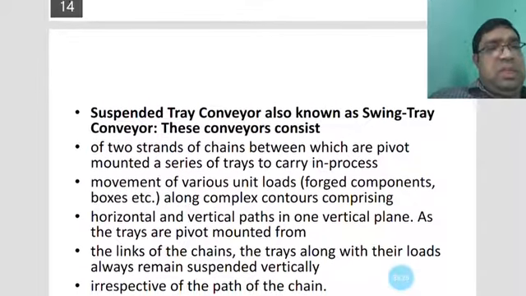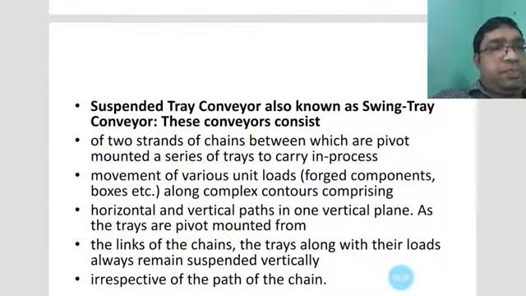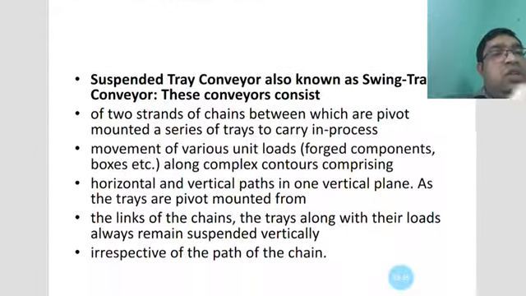The suspended tray trolley conveyors, also called swing tray conveyors, consist of two standard chains between which a series of trays are pivot mounted, carrying parcels and various unit loads, such as boxes etc. Complex circuits comprising horizontal and vertical paths in one vertical plane are possible.